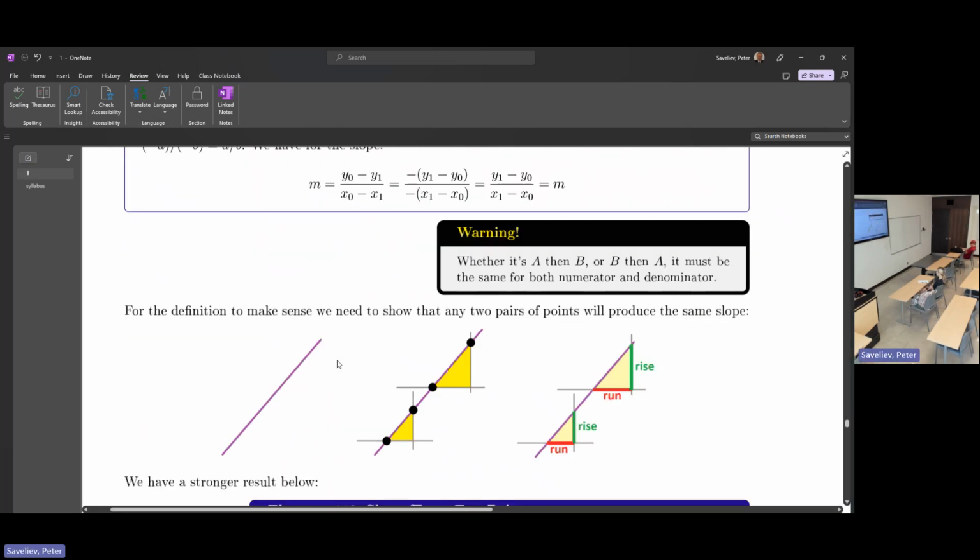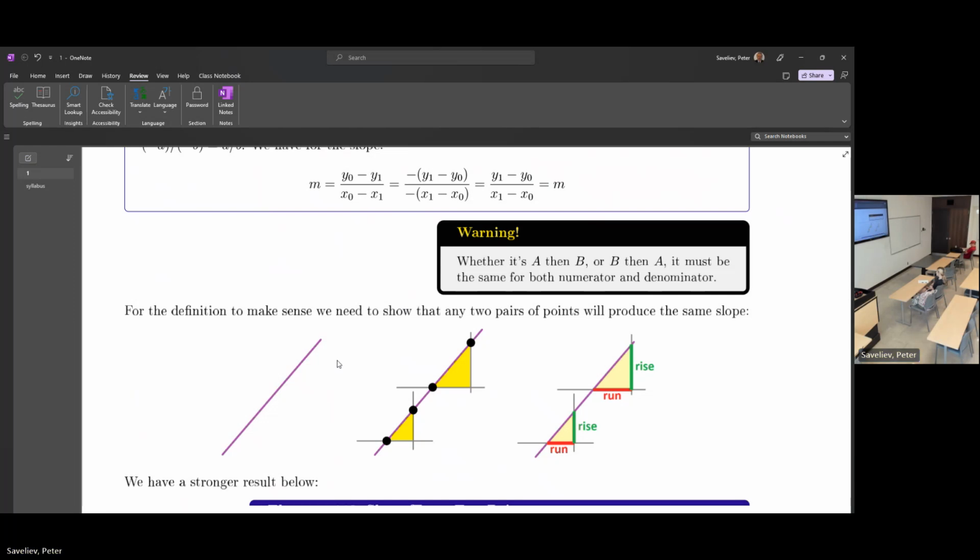Okay, so why is the slope the same at different points? The picture is supposed to suggest why. Why is the slope the same in different locations? Well, it is a straight line, but can you make a geometric case why it's the case?